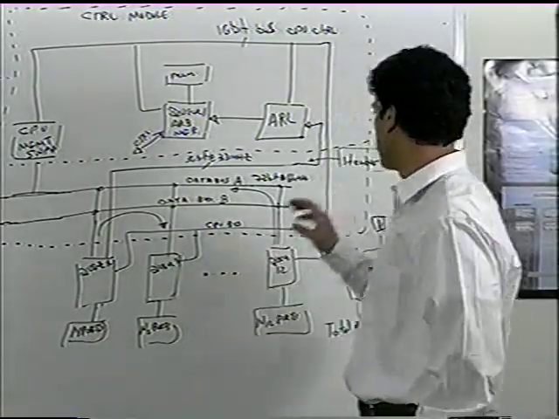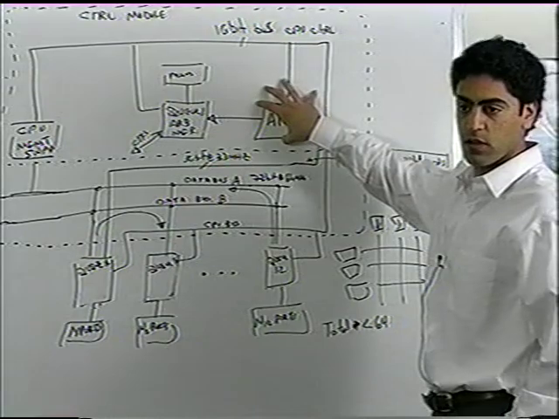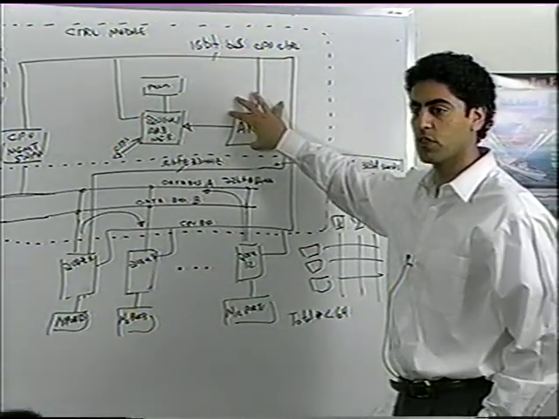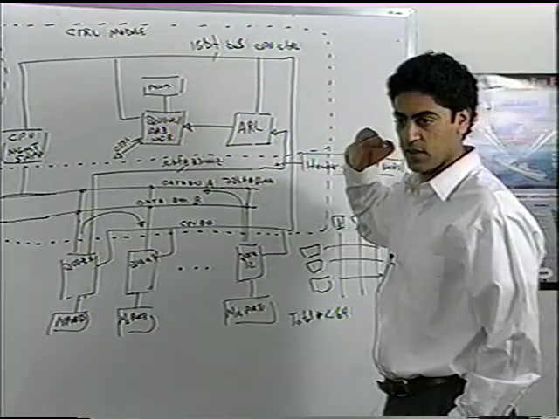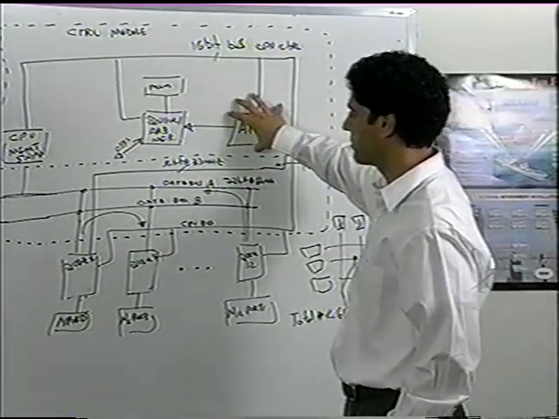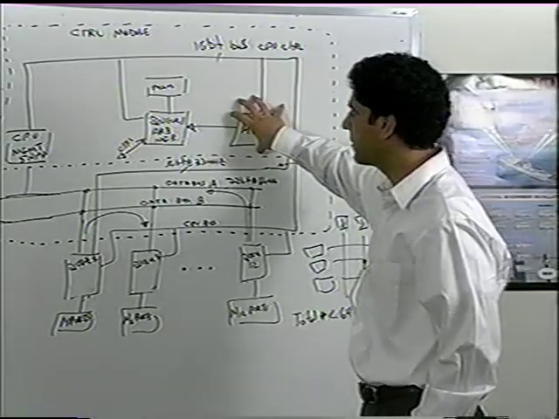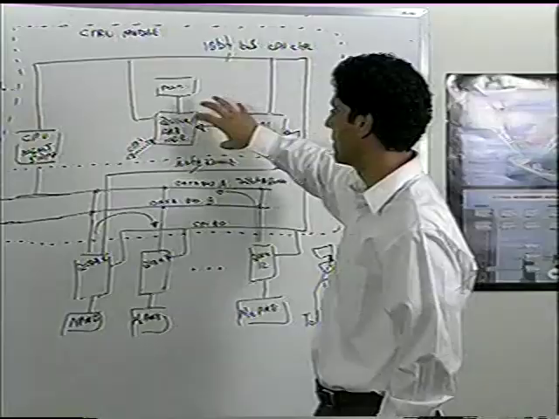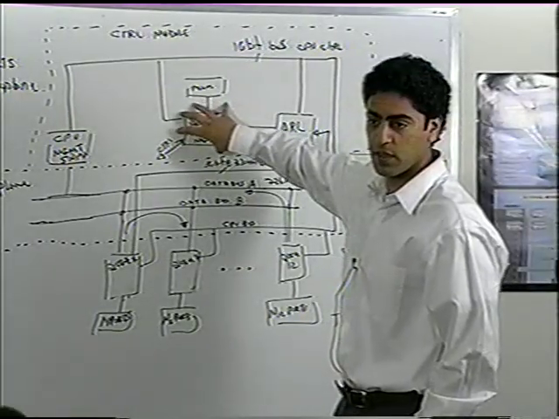However, the address resolution logic is shared among all the ports. So all the header information is stored centrally. All the header information goes through the address resolution logic, and all the subsequent result of the header analysis is stored centrally in the queue manager.